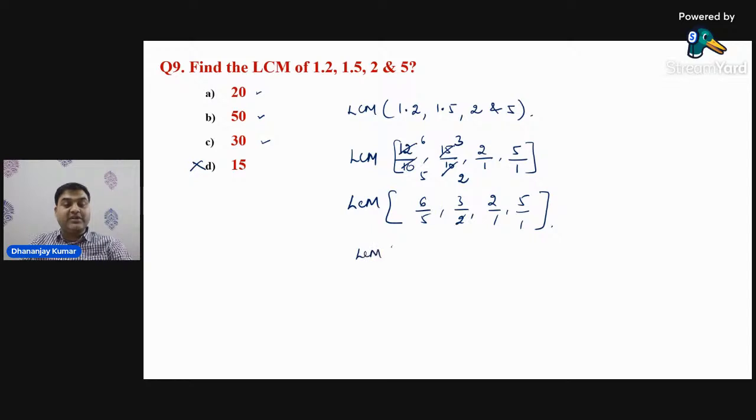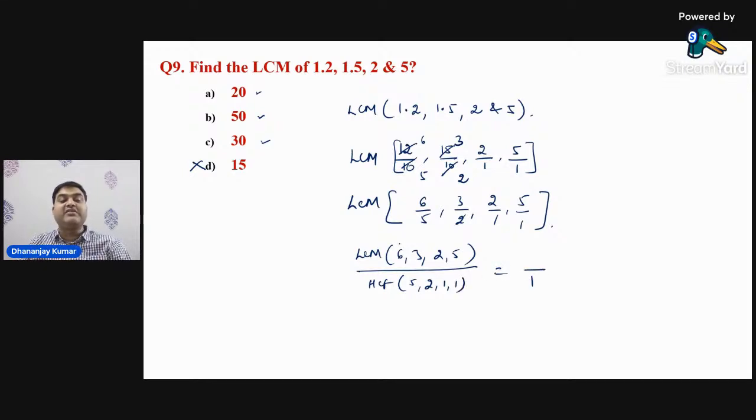Now this is nothing but the LCM of 6, 3, 2, and 5, and the HCF of 5, 2, 1, and 1. Anyways, the HCF is going to be 1.